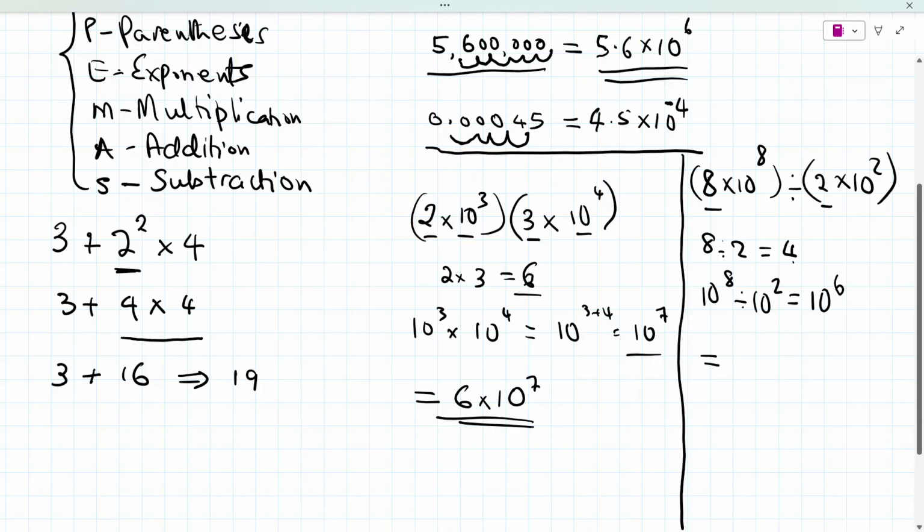And therefore, the final answer would be 4 times 10 to the power 6. And that will be our answer.